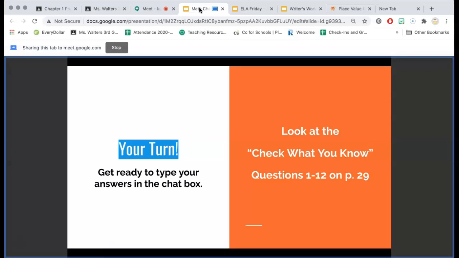And so write the place of the underlined digit. So what place is that digit in? What place is that for? Is it the ones, tens, hundreds, thousands, or 10,000s? Go ahead and write your answer in the chat box.